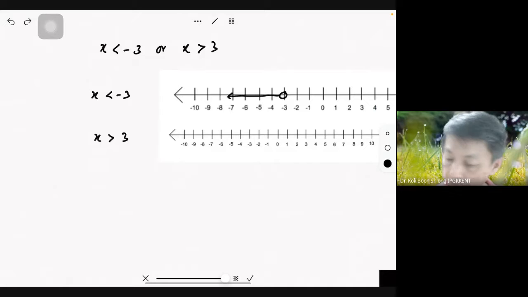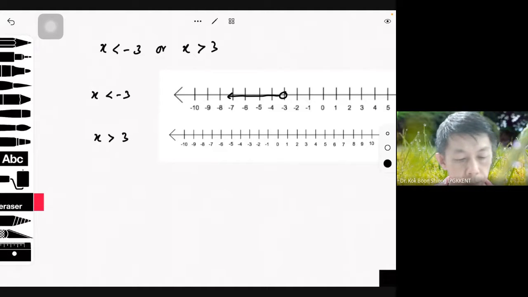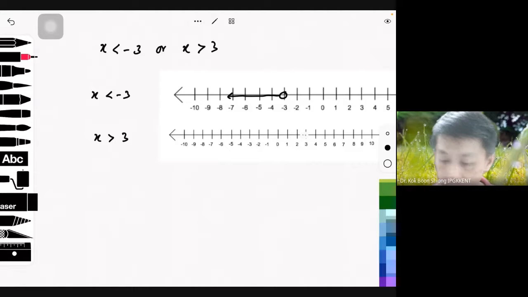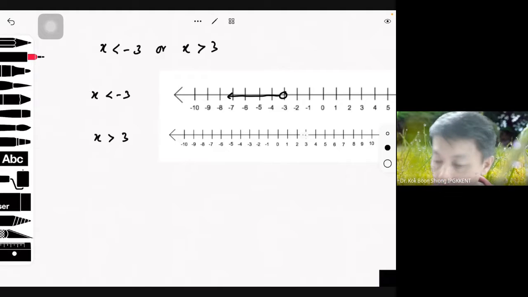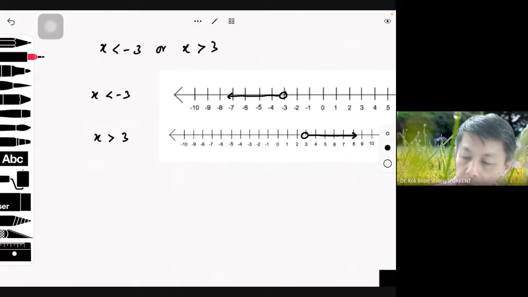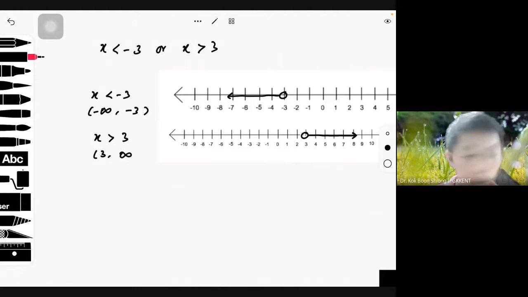Okay, so we know the first one, and the second one. Then we combine both.